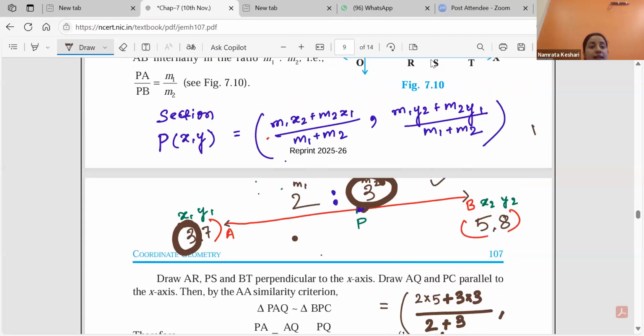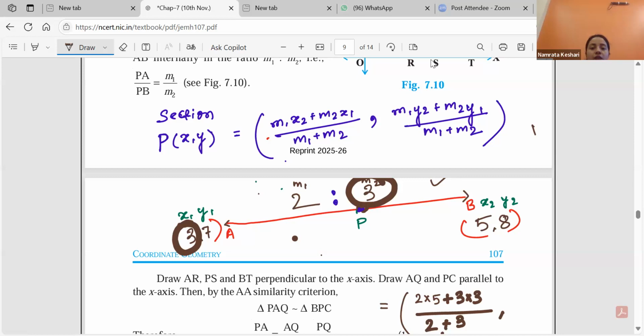The section formula says take m1y2 plus m2y1 by m1 plus m2. This formula may look like, oh my god, so many terms are there, but once you start solving questions, this will become really easy. Your m1 is 2, and y1, y2, everything must be clear to you, otherwise you will end up doing miscalculation and your answer will be wrong.